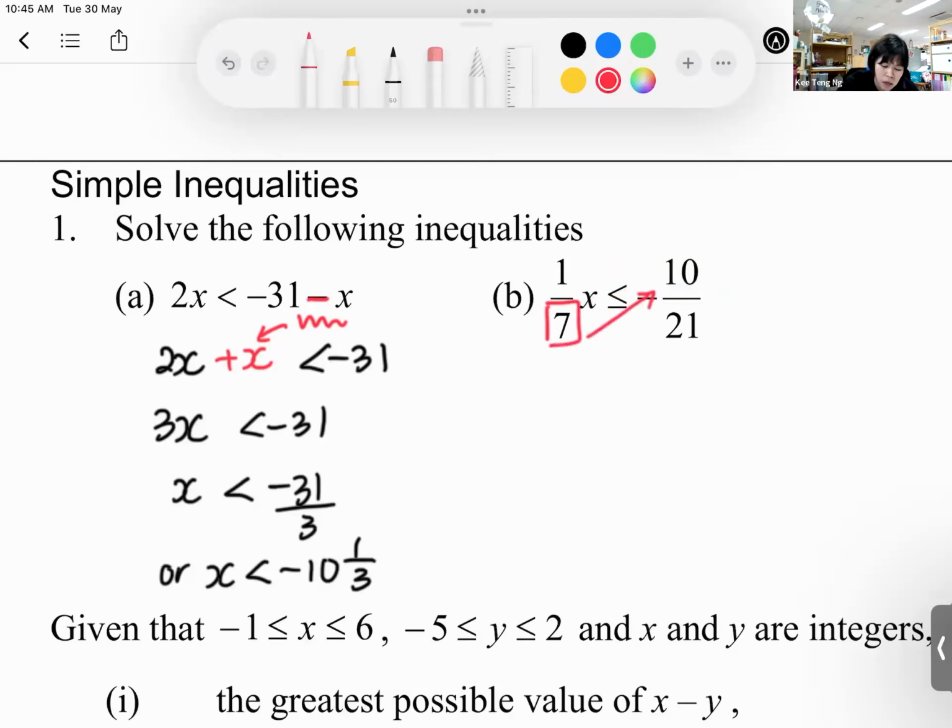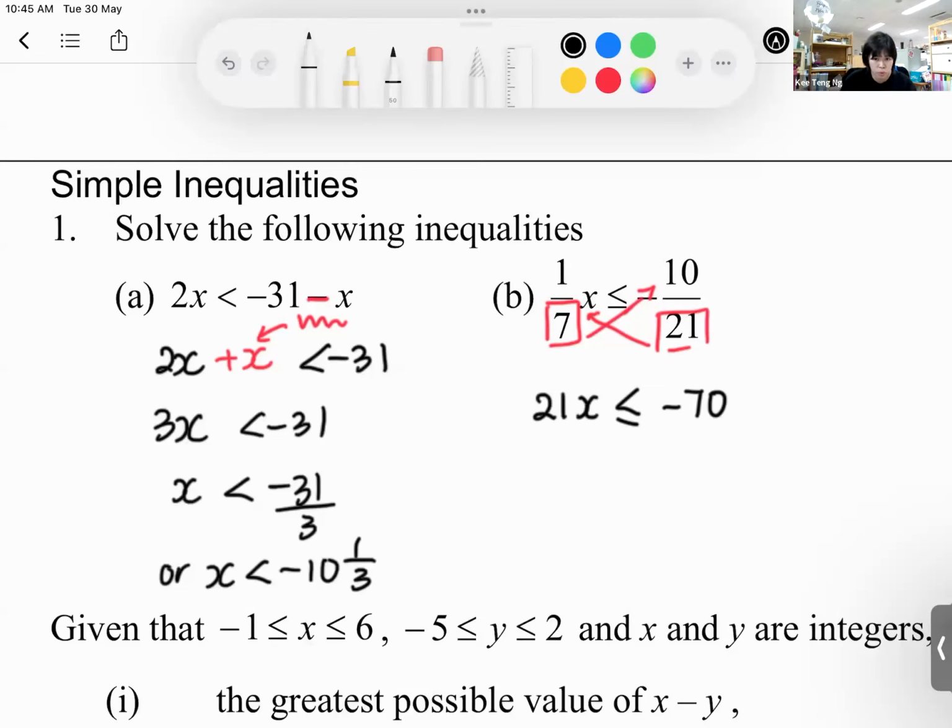Okay, and you notice there's a negative sign over here. I will keep the negative sign with the numerator as much as possible. Then the denominator is just the number 21 and multiply across. So after cross multiplication, this one will be less than or equal to negative 70, and this will be 21x.